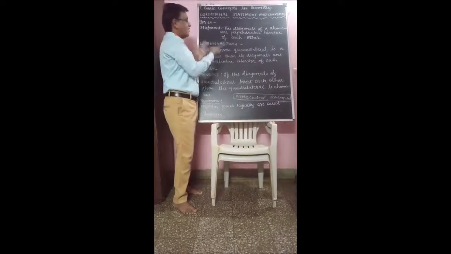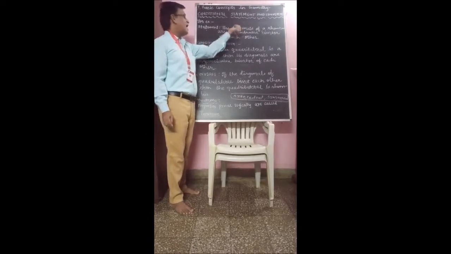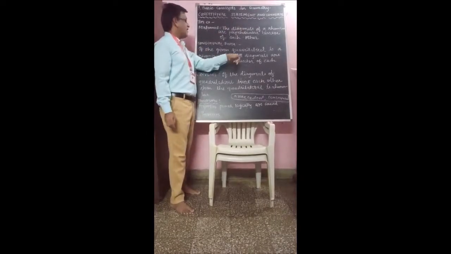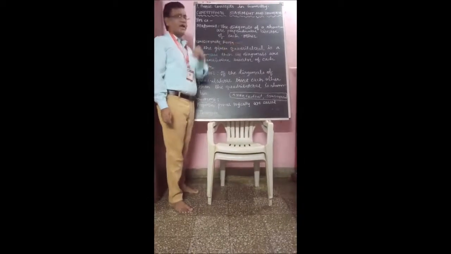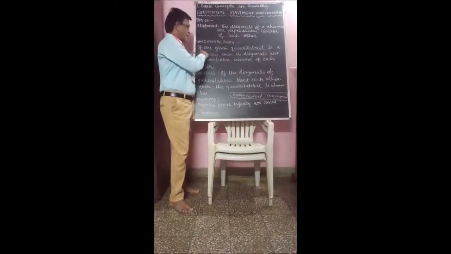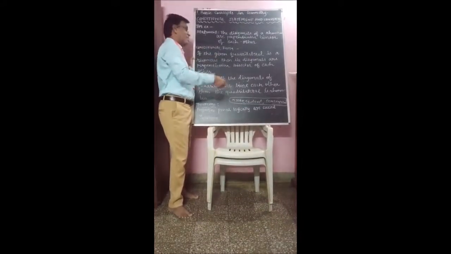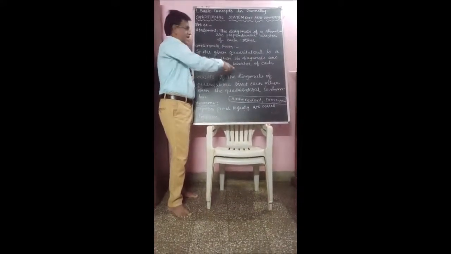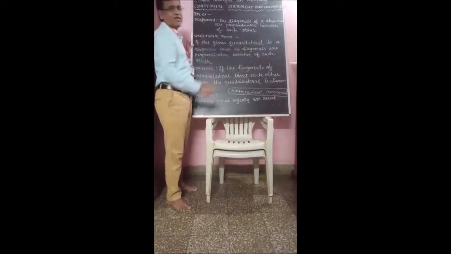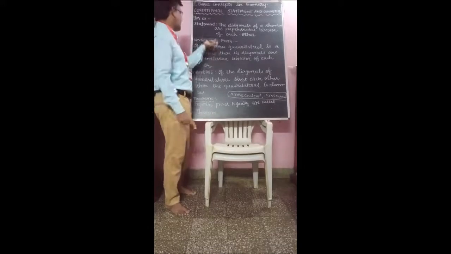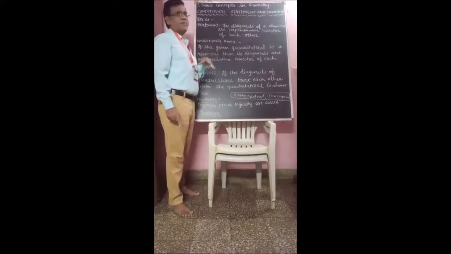When you add if and then, it is a conditional statement. The statement is: if the given quadrilateral is a rhombus, then its diagonals are perpendicular bisectors of each other. This is the simple statement and this is the conditional statement.